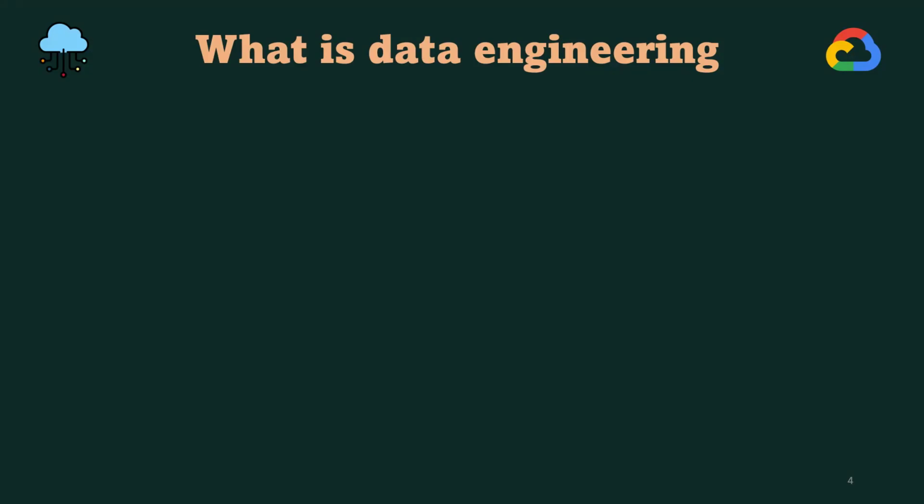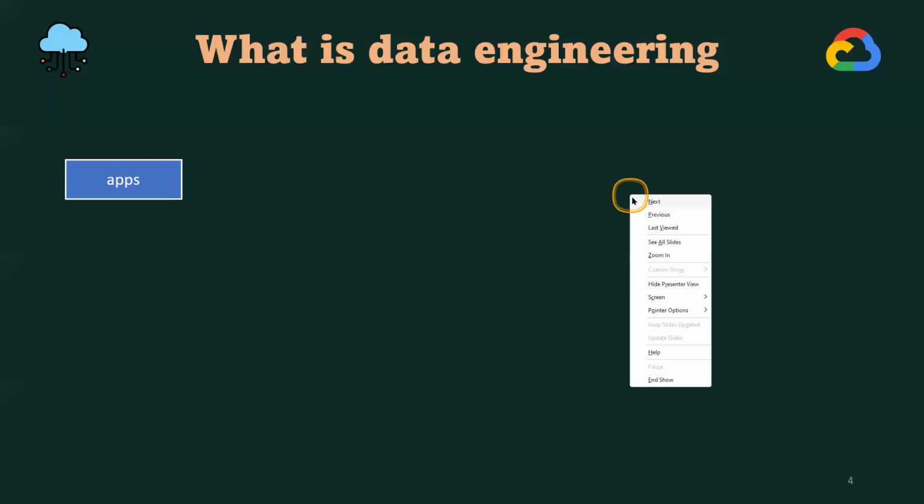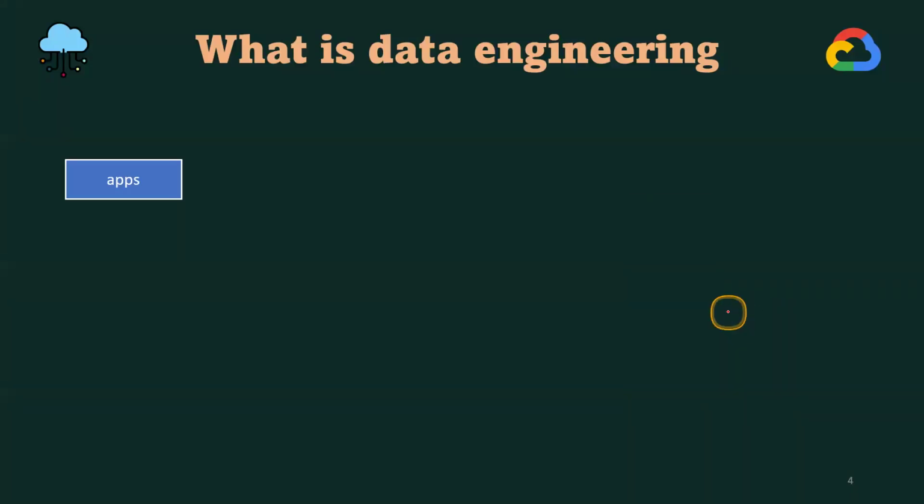In data engineering, we will be dealing with data. That data may be coming from an application. Whenever you are interacting with an application, for example, every day we open Flipkart or Amazon for ordering something, because they are e-commerce platforms. Let me give you one example. Assume that this is a Flipkart application, guys.